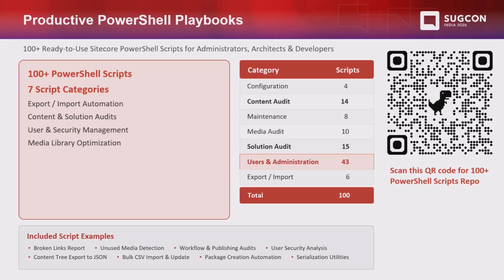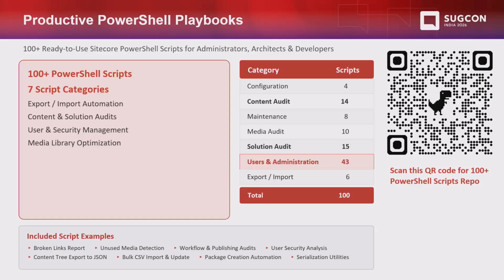So you can scan this QR code. I have created a GitHub repo where more than 100 PowerShell scripts are available from different categories. For example, for configuration there are 4 scripts available. For content audit, almost 14 scripts are there.